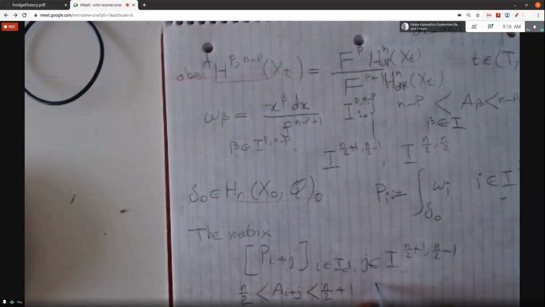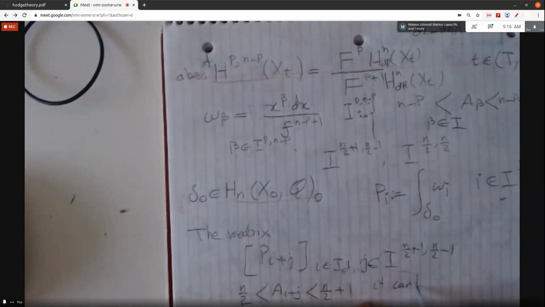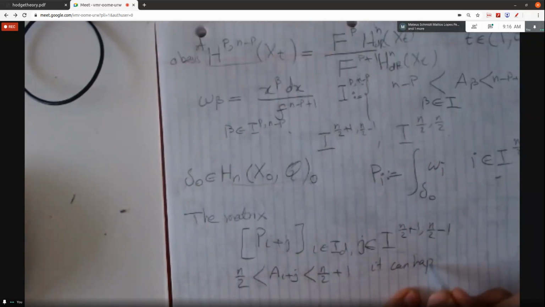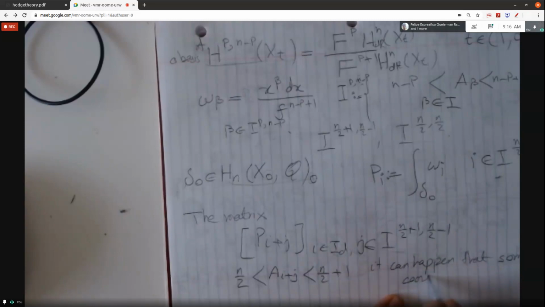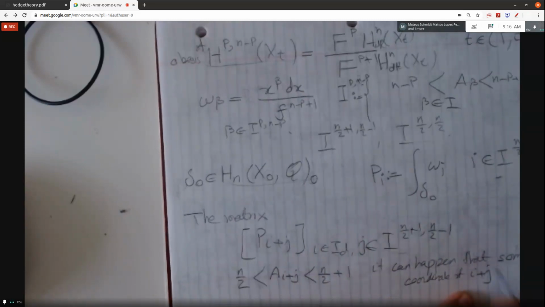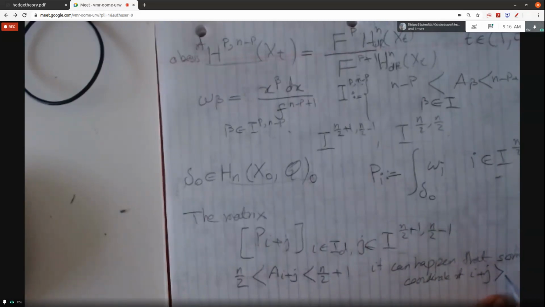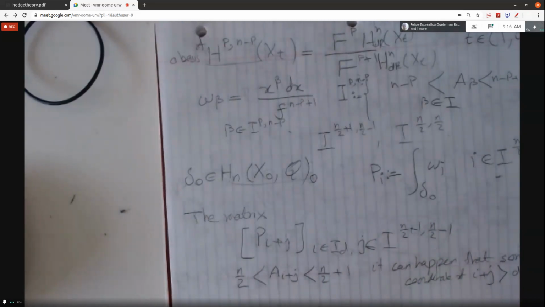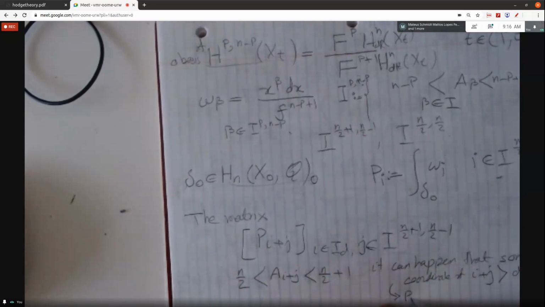But the point is that it can happen that some coordinate of I plus G is strictly bigger than d minus 2. If this is the case, then you put pi_{I+G} equal to 0.